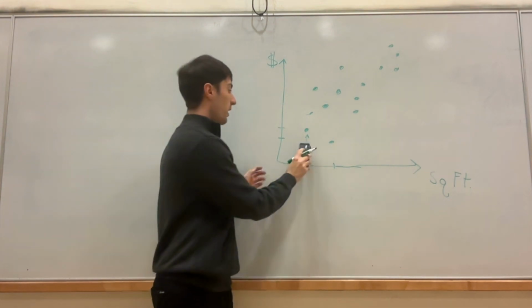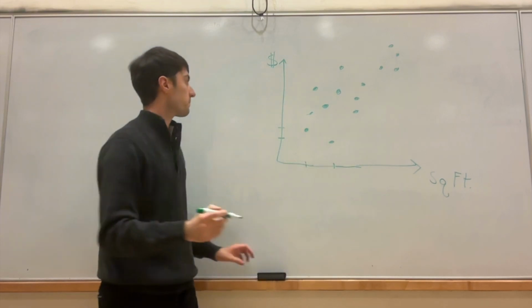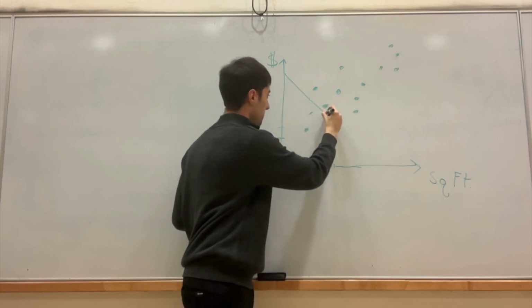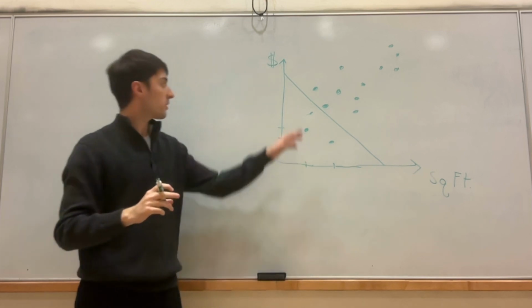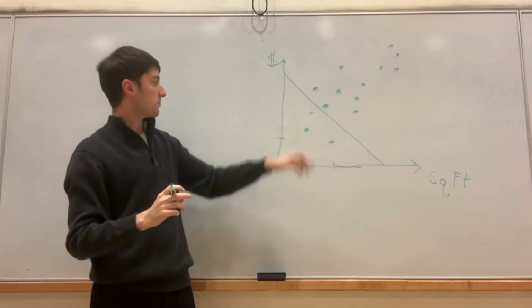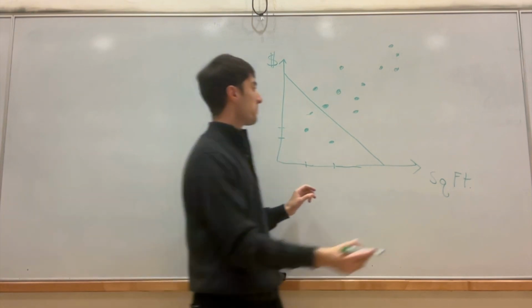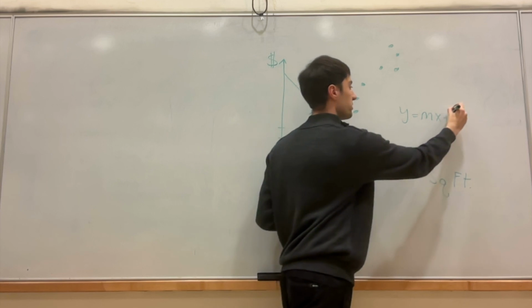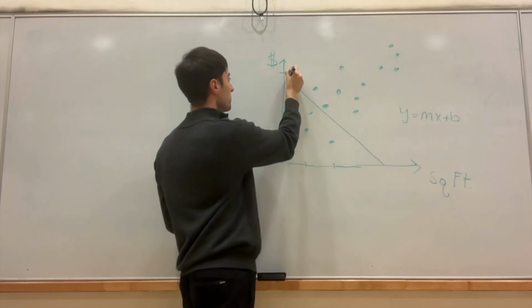Okay, so now let's do a linear model to fit this data. There we go. Here's my linear model. It is linear, right? It fits the form y equals mx plus b. b is going to be right here.